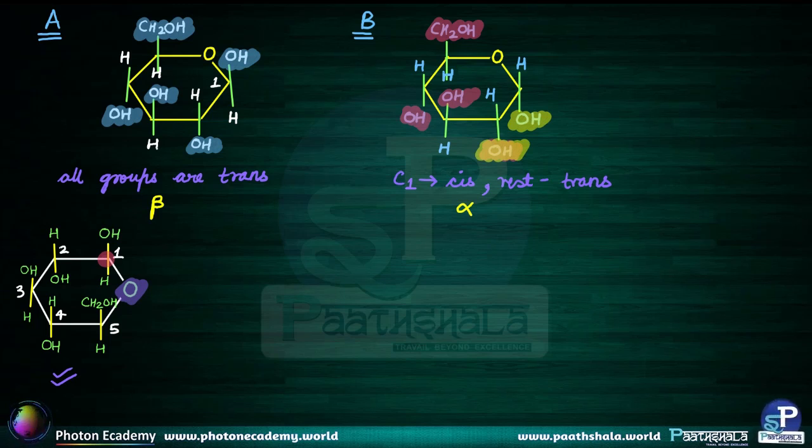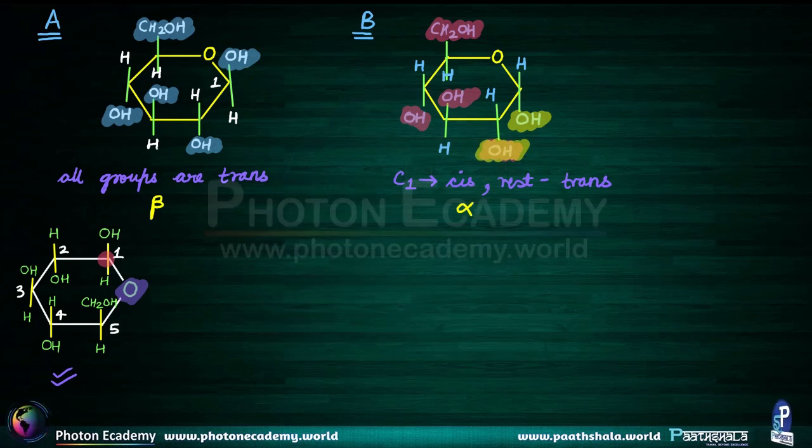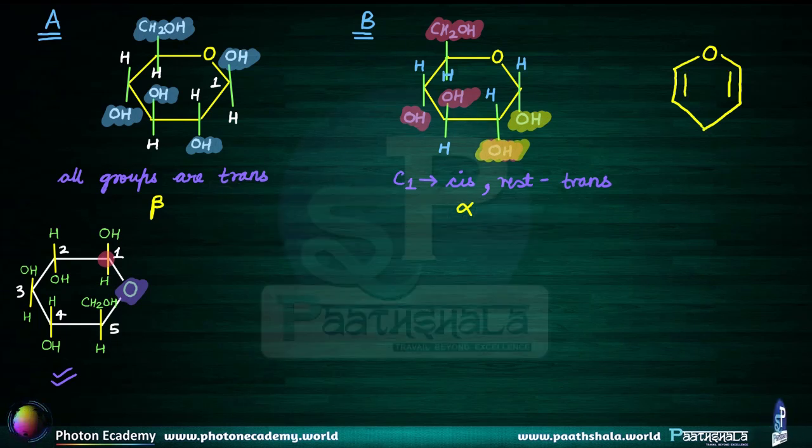Now I'm going to compare this with one particular structure that I have in mind, and that is pyran. So what is pyran? If I draw a little rough figure here, pyran actually looks something like this. It is a six-membered cyclic ring and it has got two double bonds at this position, and I call this pyran.